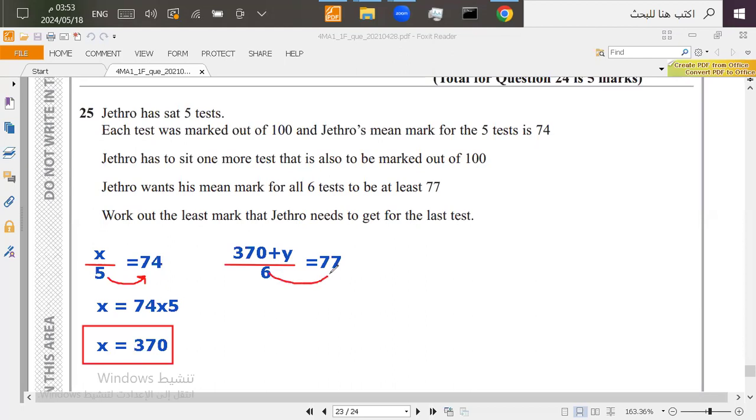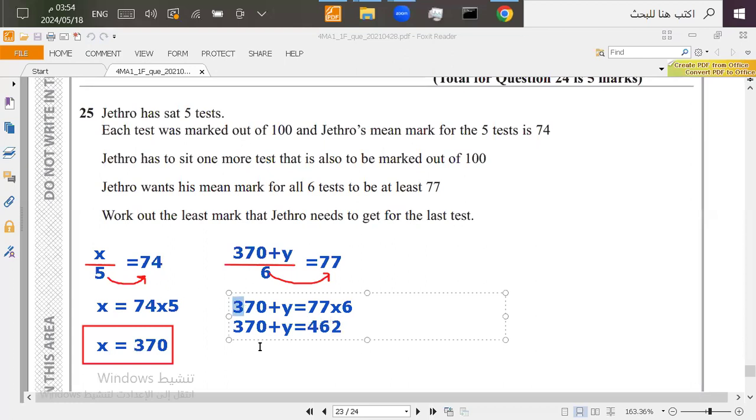Now we're going to follow the steps of algebraic equations. We're going to take the 6 here by multiplying. So we will end up with 370 plus y equals 77 times 6. 77 times 6 equals 462.